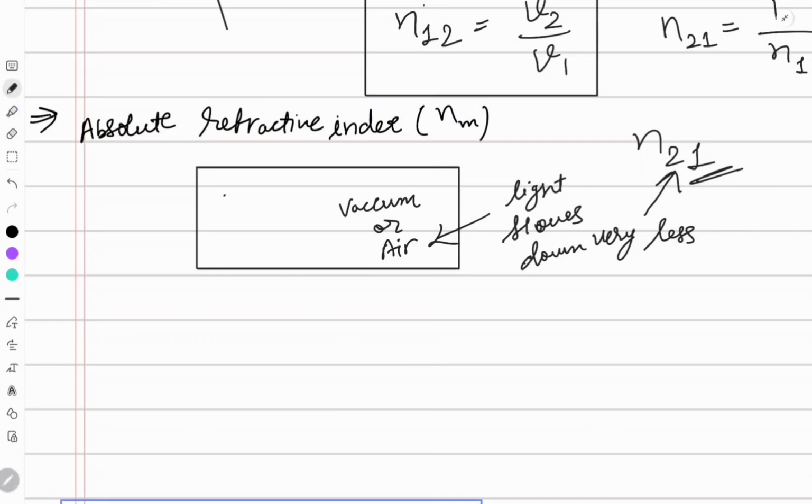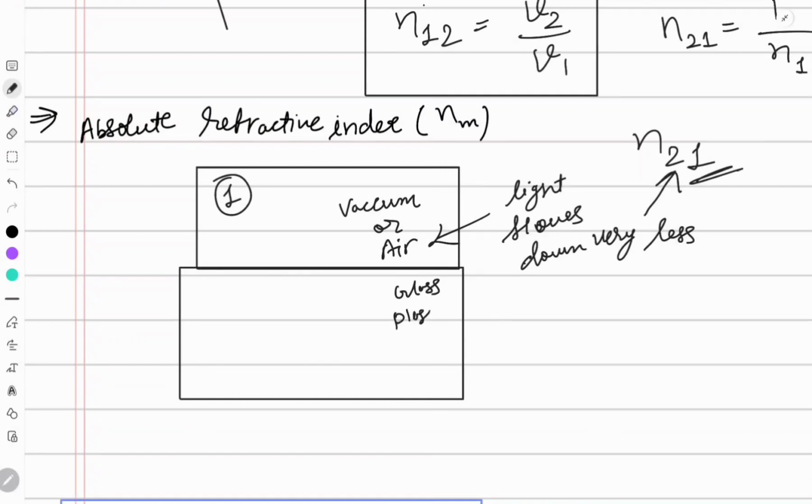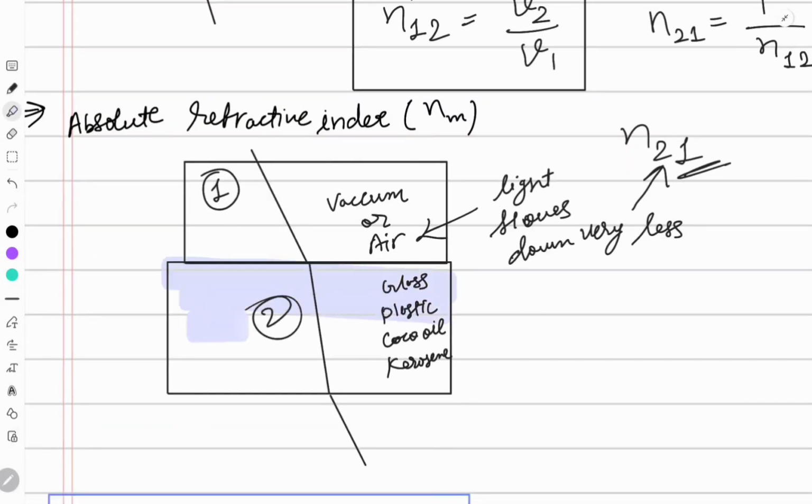So if we take the first medium as vacuum or air, and we take the second material where actual refraction happens as anything, right? It can be glass, it can be plastic, it can be coconut oil, it can be kerosene, whatever, right? This is the second material that we are finding the refractive index of, okay?